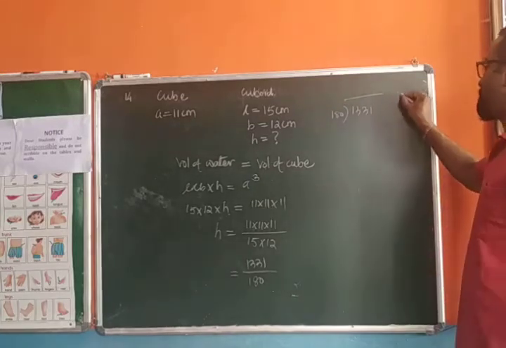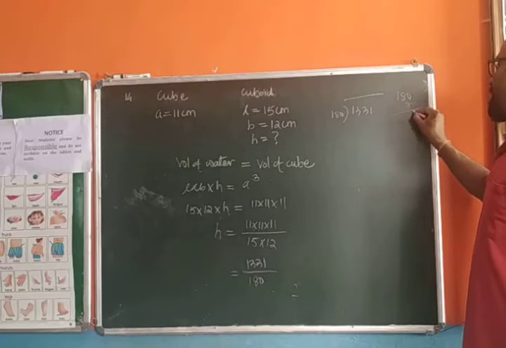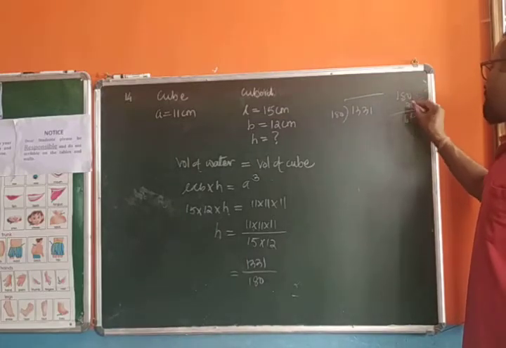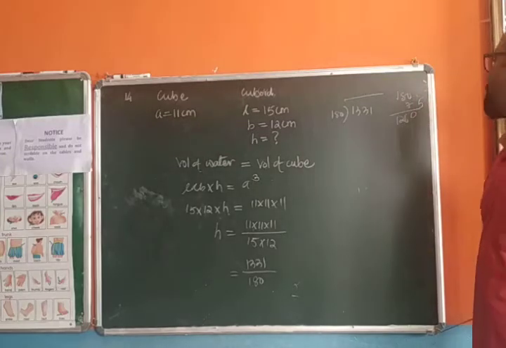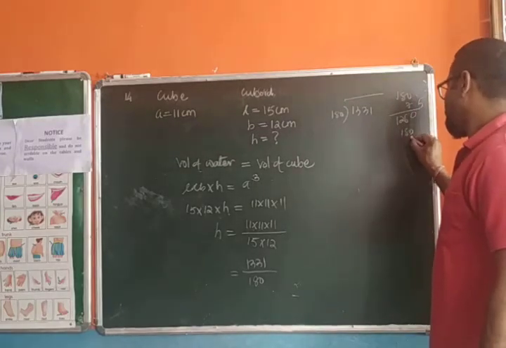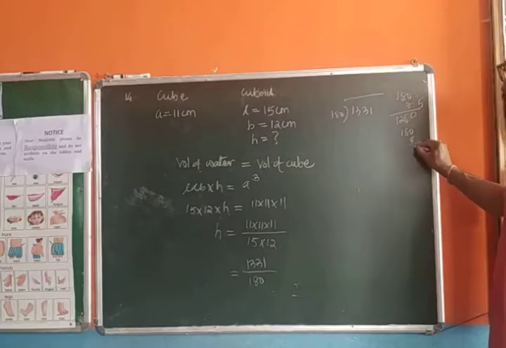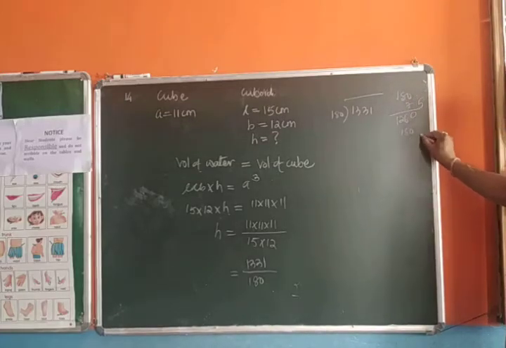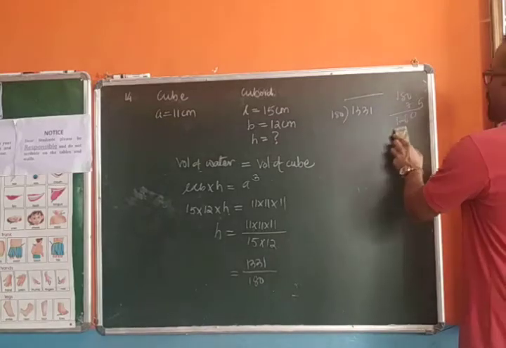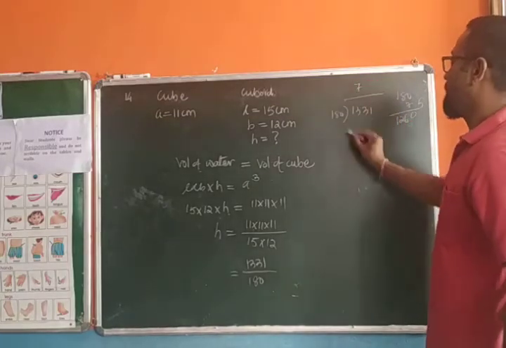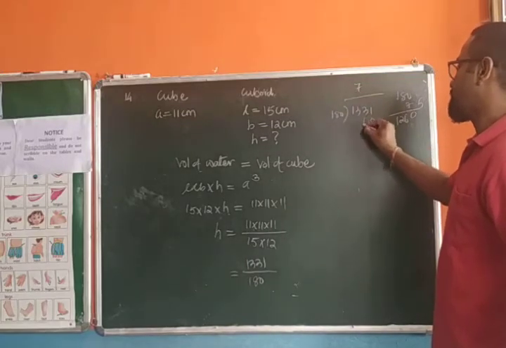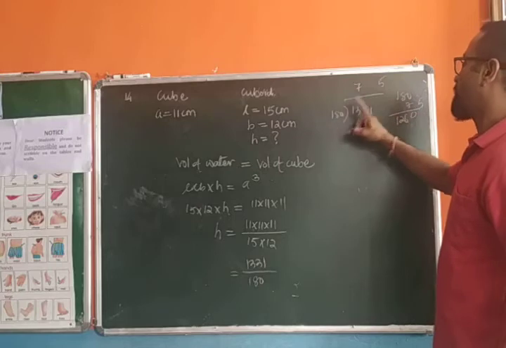Try 7 times. 7 into 0 is 0, 7 into 8 is 56, 5, 7 plus 5 is 12. Try 8 times, 8 into 8 is 64, it is coming more. So it is 7 times.